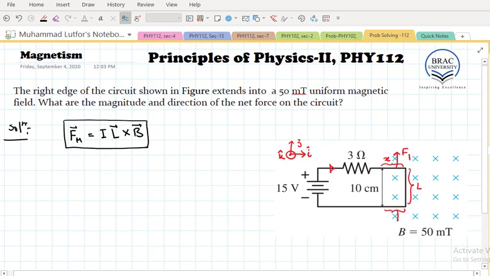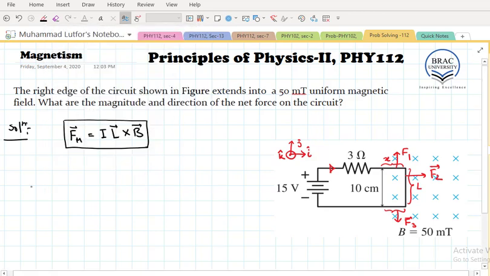This is the force on segment 3. We'll use the right hand rule over here too, and this will be the force on segment 2, towards the rightward direction. We have to find the resultant of these three forces.